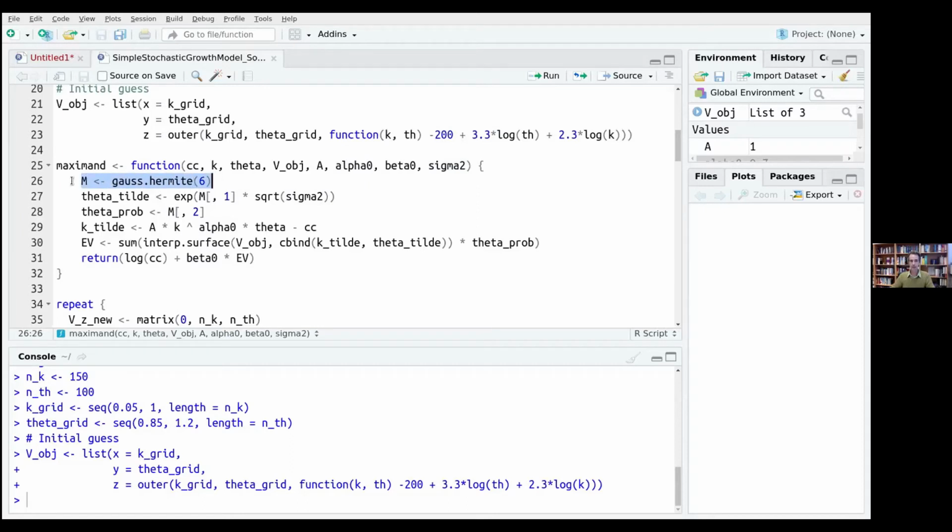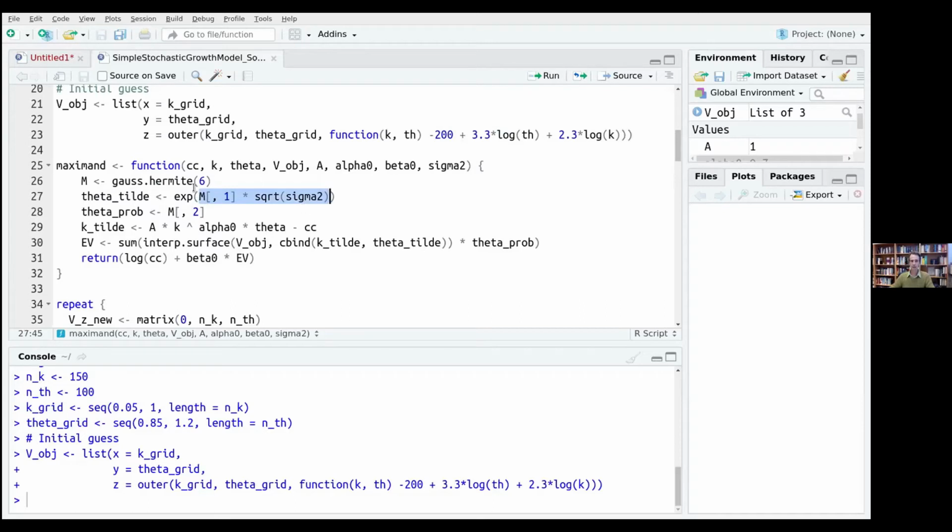And here I used this Gauss-Hermite expression, with only 6 points. We use these points and scale them up by the sigma, so the square root of the variance. That's the standard deviation of the shock. There's no shift variable because the log of theta has an expectation of 0. So we just use the standard normal distribution points and scale them up, but do not shift them.